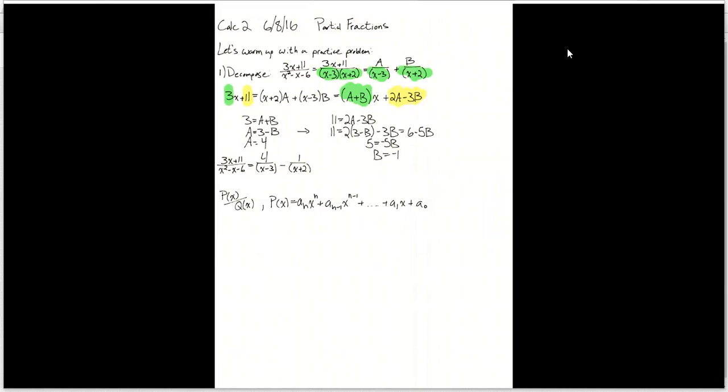So now what we're going to do is write q. Now, the thing with q is it's not just any old polynomial, but we can actually factor it. So I'm going to write it as its factors.